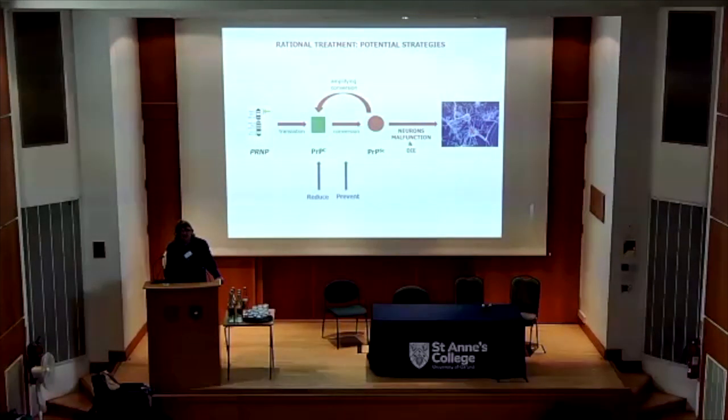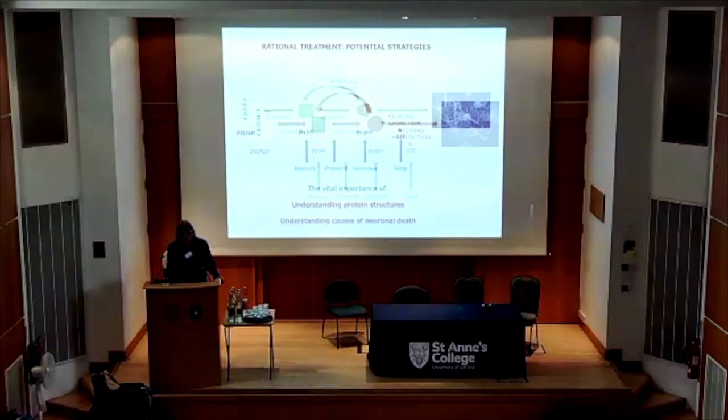You might interfere with the interaction, the conversion process, or you might remove the abnormal prion protein, or you might stop neurons malfunctioning and dying. And these are all the kind of basic steps that people have thought about in relation to prion treatments. All of these steps have been considered, and all of these steps have certainly got some experimental evidence suggesting possible ways they could be done.